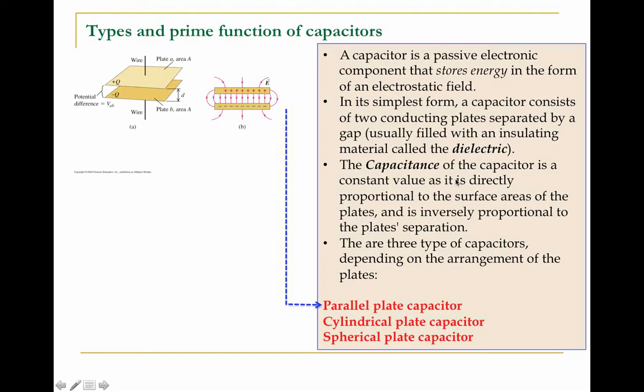So the capacitance of a capacitor is a constant value that is directly proportional to the surface area of the plates and inversely proportional to the separation between them, and it is also proportional to epsilon naught, characteristic of the medium. Now remember, capacitance, as we'll see in a minute, is a quantity that is geometric.